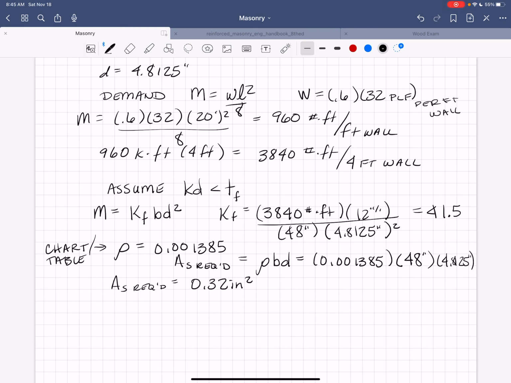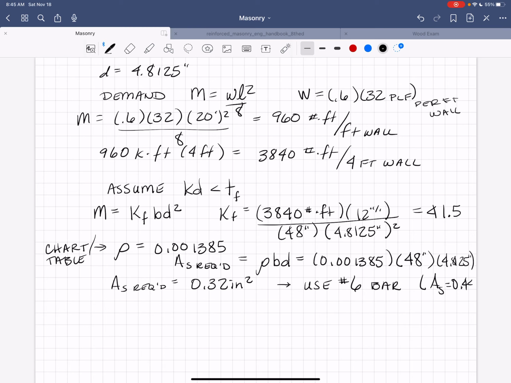I could probably get that down to 0.31, but there's no real sense in that. Technically, that wouldn't pass, and all this stuff has a little bit of leeway in it. I'm going to go ahead and just bump this up and use a number 6 bar, which we know is 0.44 inches squared.